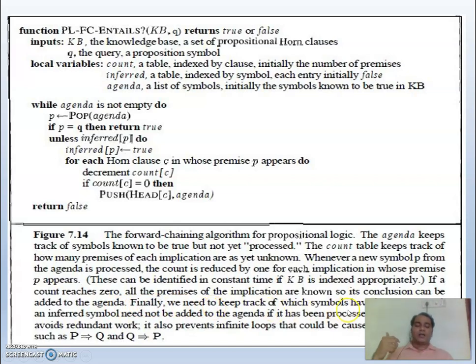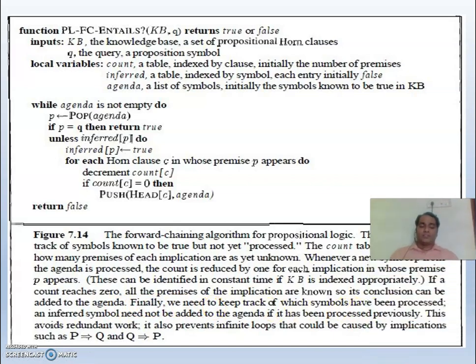Finally, we need to keep track of which symbols have been processed, and inferred symbols need not be added to the agenda again. That means already visited if it has been processed previously. This avoids redundant work. It also prevents infinite loops, which is the reason why we avoided L the second time in the previous example. That could be caused by implications such as P implies Q and Q implies P. So this is your forward chaining algorithm.